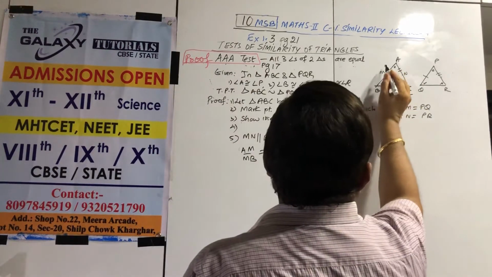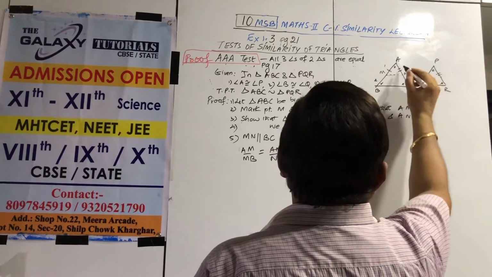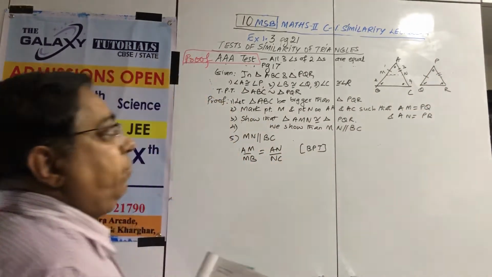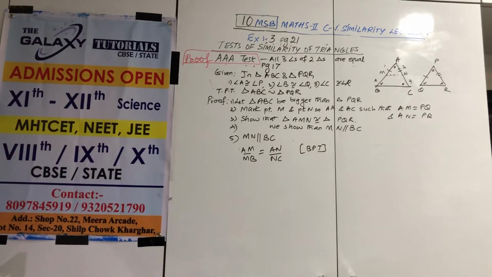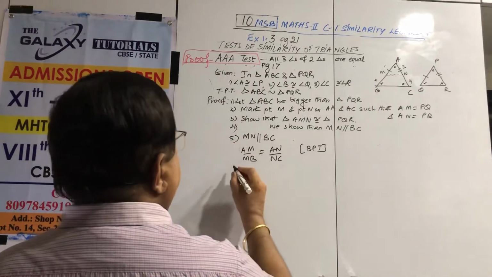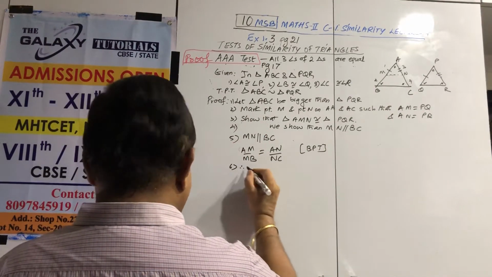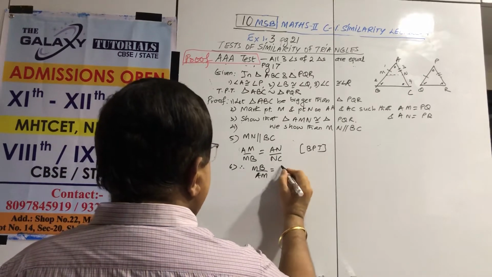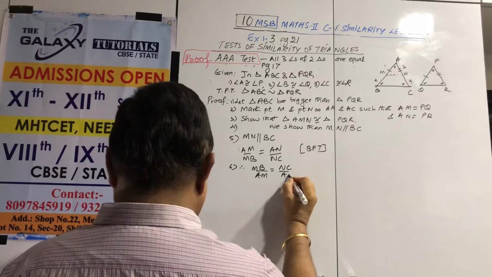Okay, 1 upon 2 is equal to 3 upon 4. So if the lines are parallel, we know we have done earlier our theorem. Numbers are put. Do not put numbers in the exam. Okay, so this is there. Now we will invert this. Sixth, therefore, MB upon AM is equal to NC upon AN.